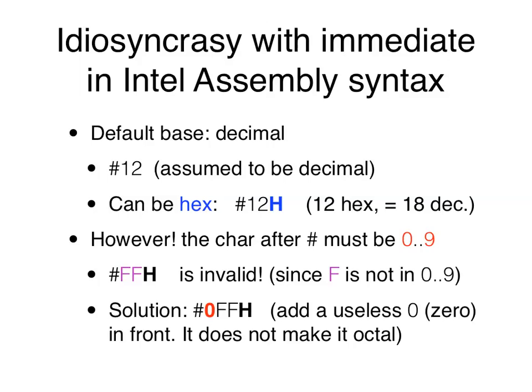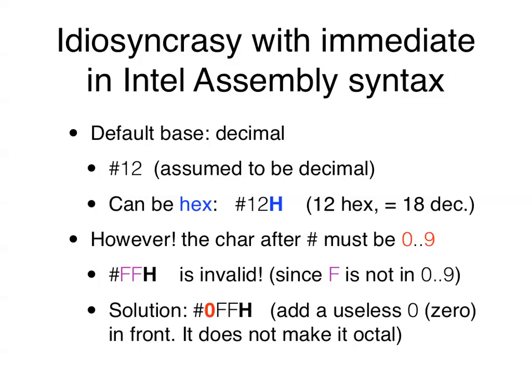Why not? Because Intel has a rule that if you do pound sign and you want a literal, it had better start with a digit from 0 to 9. But F, or anything like A, B, C, D, E, F, is not a digit from 0 to 9. So it thinks FFH is a name rather than a hexadecimal literal. It's just like any other variable, foo, or hello, or my variable.